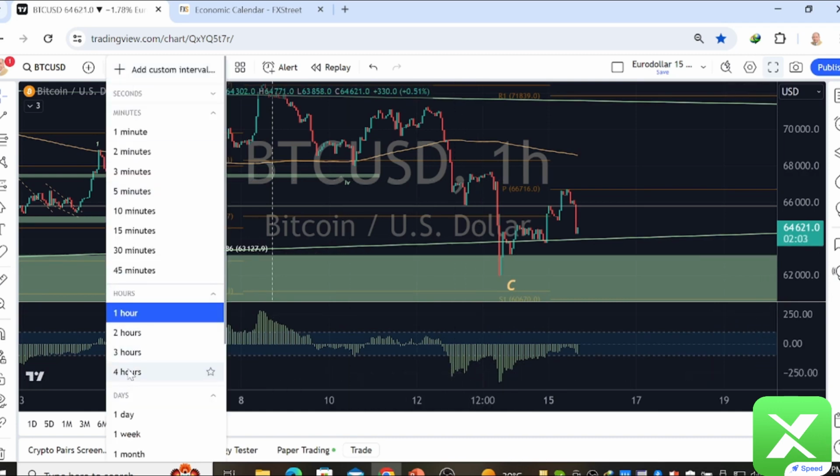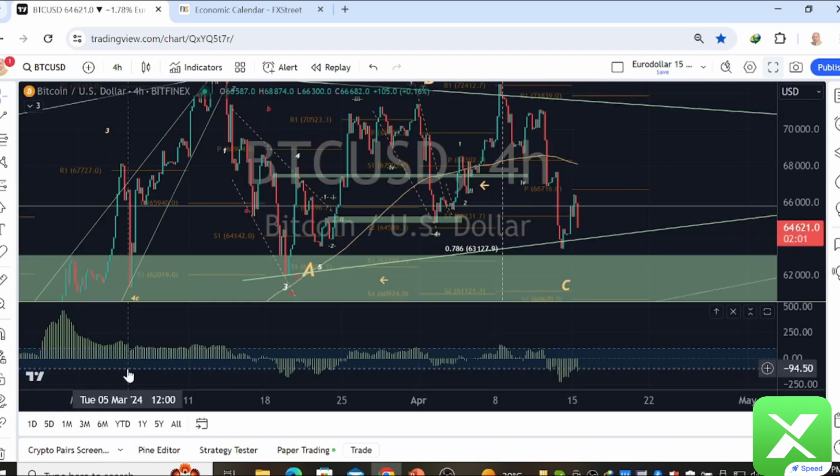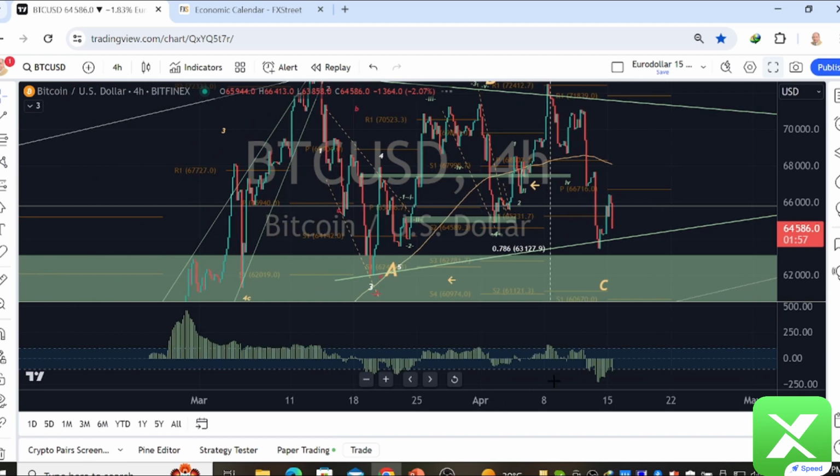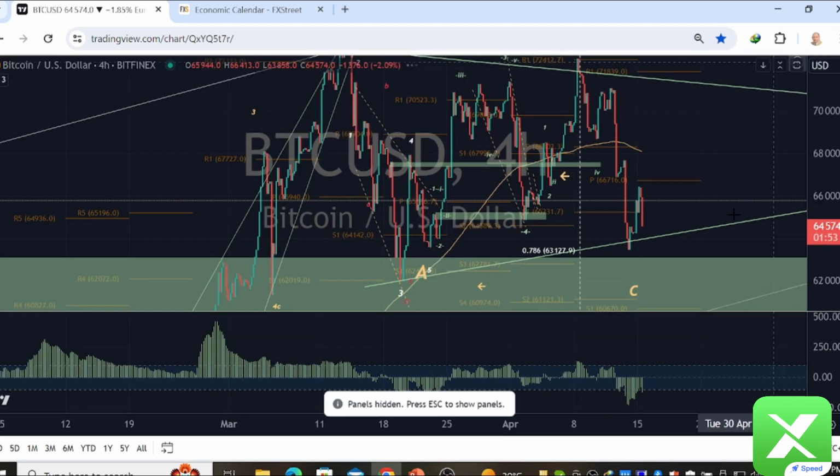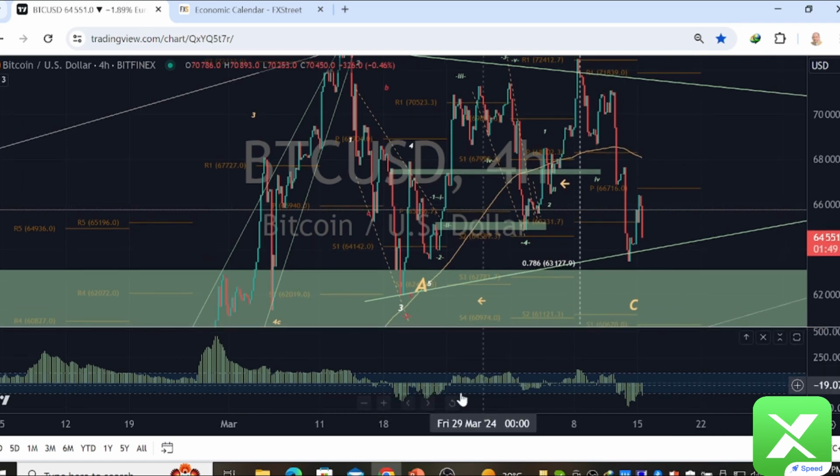Take it to 4 hours. We have negative momentum. We may still have continuation. We would consider this, but the loss trigger that we have at level A is really recurring into level C. That's all.